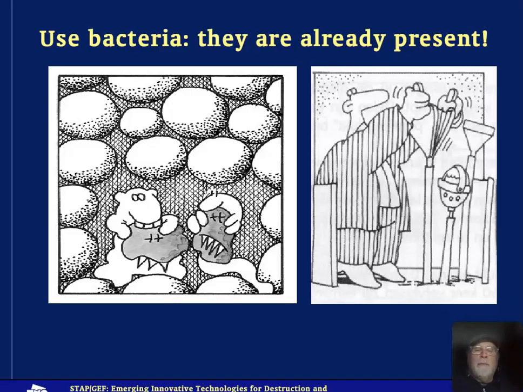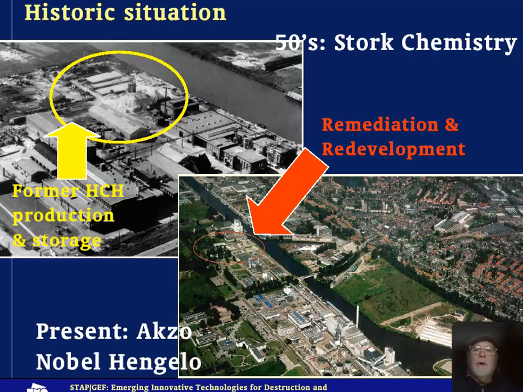So they thought they had this old pesticide there, and they're trying to get rid of it. Why don't we use the bacteria that are already present and try to figure out a way to get those bacteria to eat the stuff? So it was pesticides. A chemical company made the pesticides, and they were stored there and sat there forever and ever.